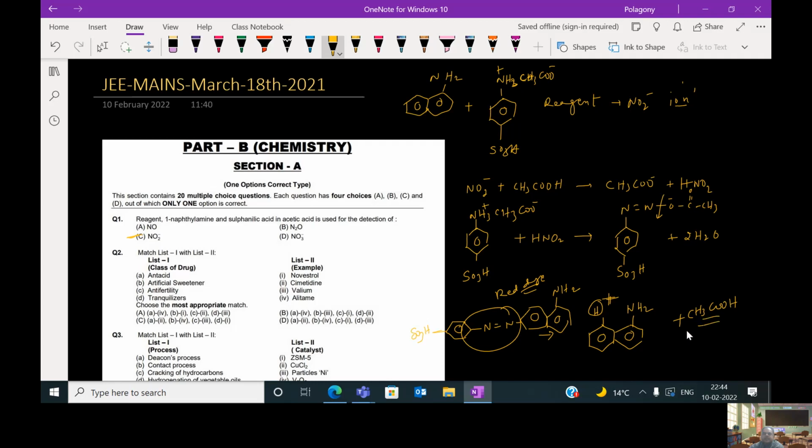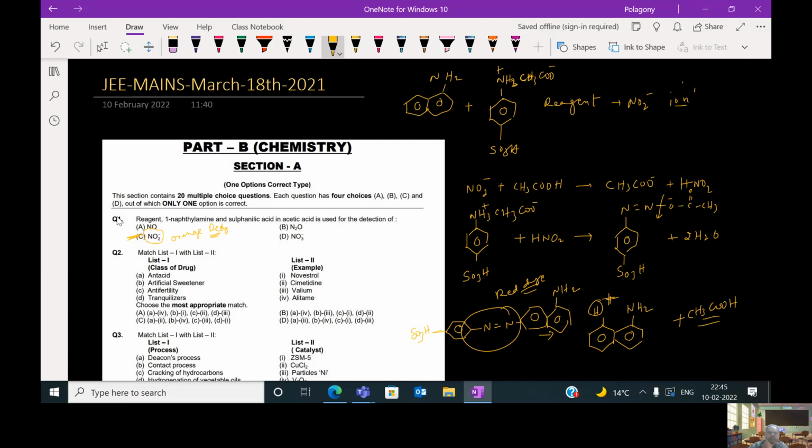So the correct option is NO2 minus, which gives an orange red colored solution when this reagent is added to nitrite, whereas nitric oxide, nitrous oxide and nitrate do not give this test.